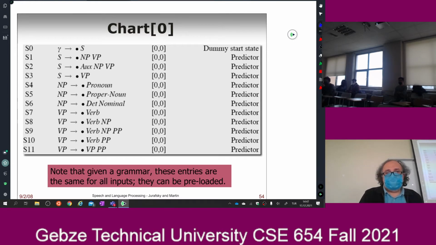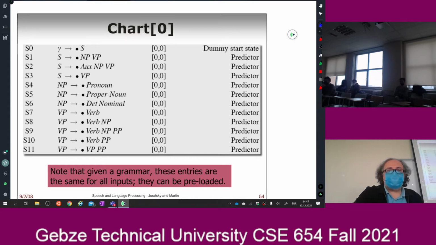So this is more efficient than our CKY. The problem with the CKY was it was figuring out all possible constituents. Now this one is trying to test all kinds of top-down trees that are derivable from our grammar.